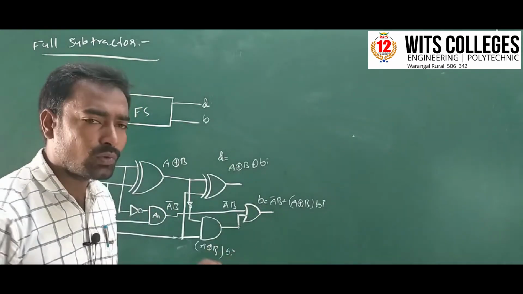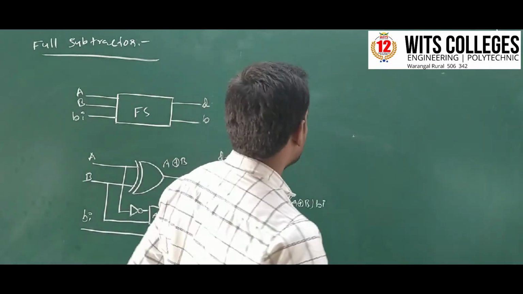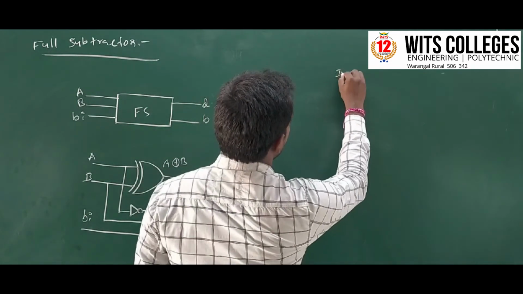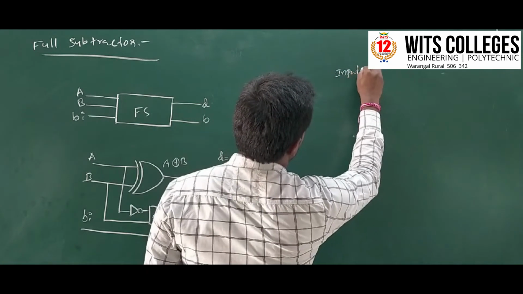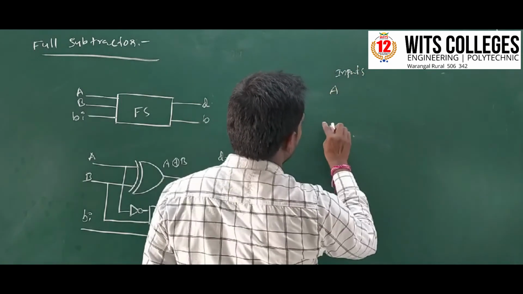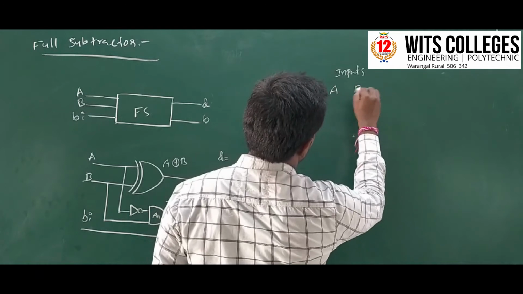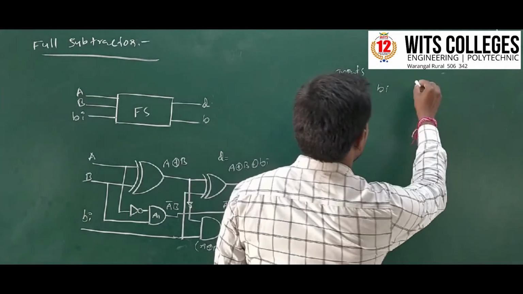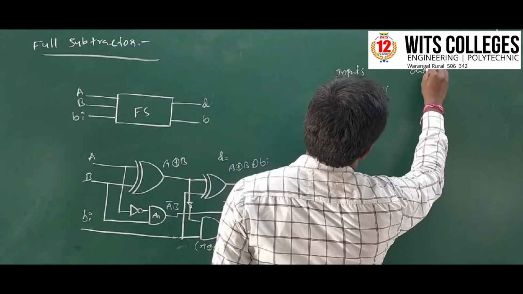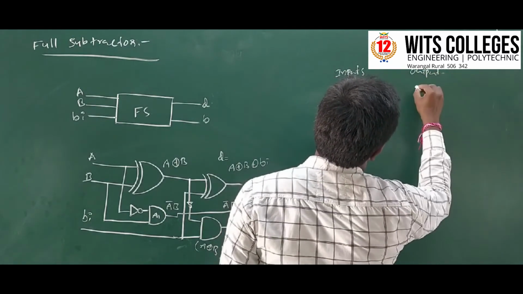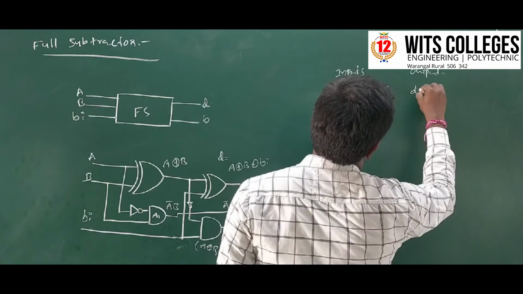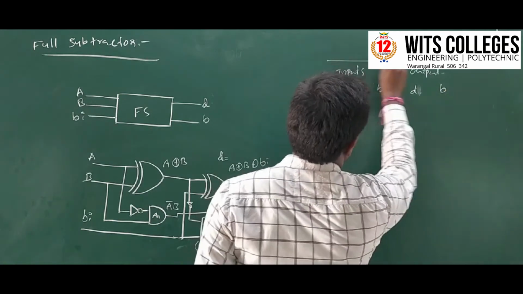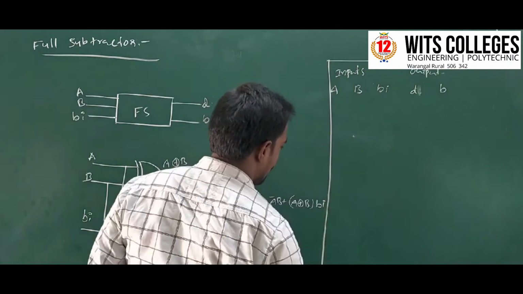And coming to the truth table of the full subtractor, here we have inputs. What are the inputs we are giving? A, B and borrow input, and we are getting the outputs difference and borrow.